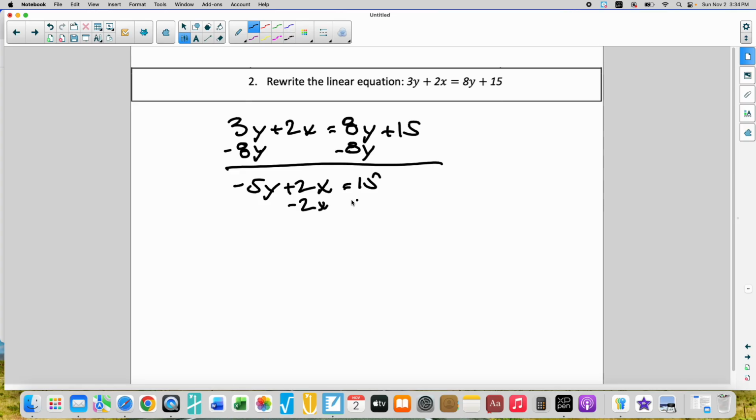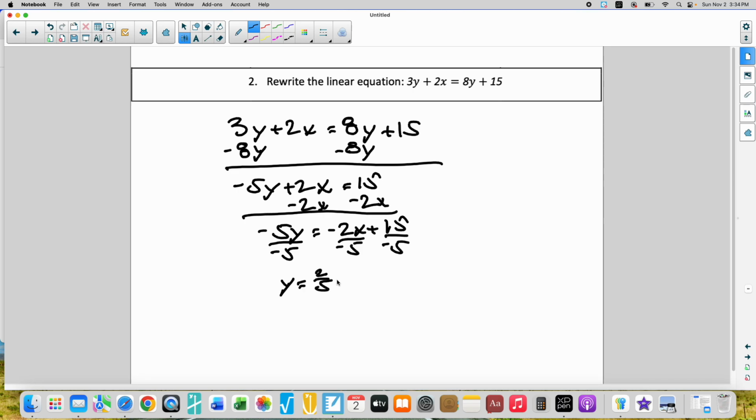Let's subtract 2x. Negative 5y equals negative 2x plus 15. Let's divide everything by negative 5, giving us y equals 2/5 x minus 3.